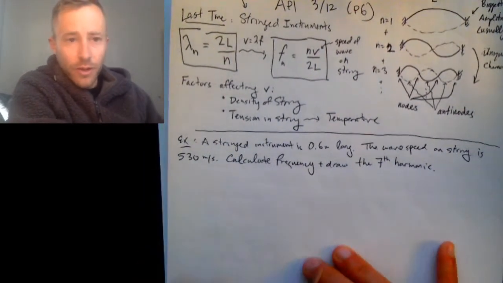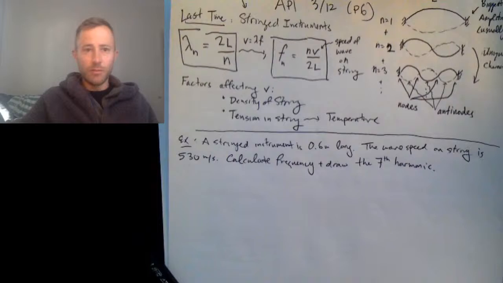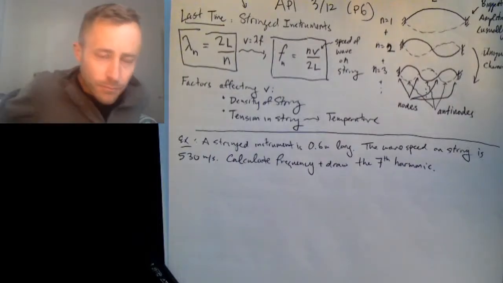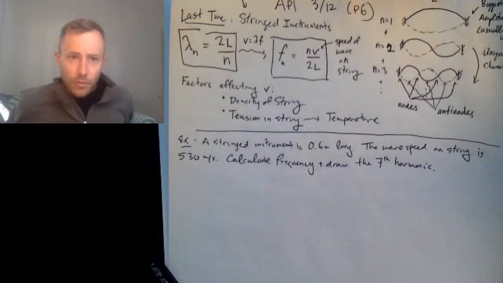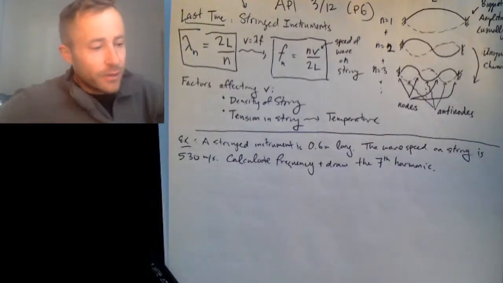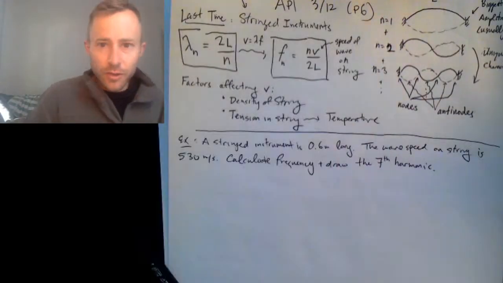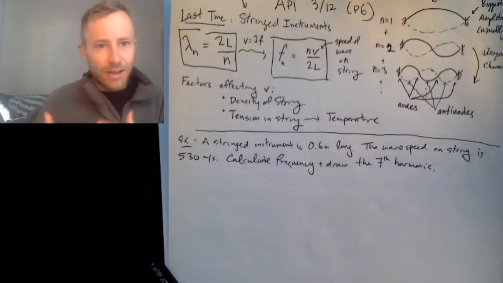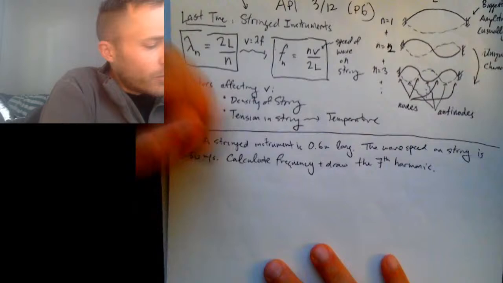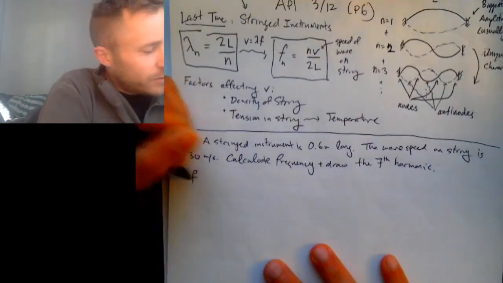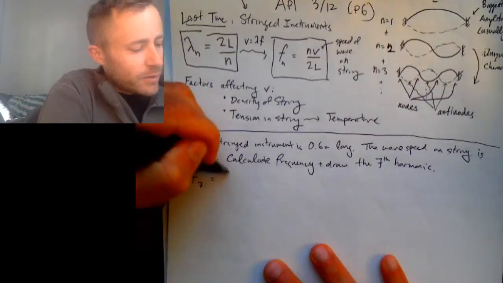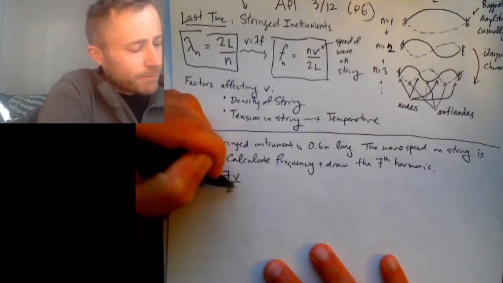Now, of course, the 7th harmonic is not going to be the one that you hear, most likely. So you're most likely going to hear the 1st harmonic, but the 7th is going to be present in this superposition when you pluck the string, and it's going to add to the qualities of that particular instrument. So we want the frequency of the 7th harmonic, which would be 7v over 2L.